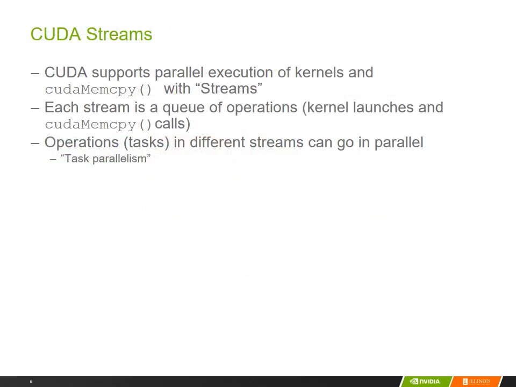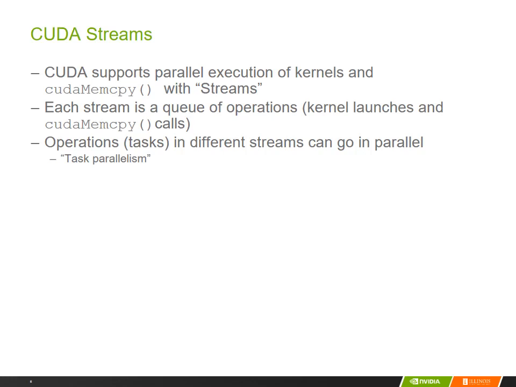The way that we can accomplish this ideal timing is to use CUDA streams. CUDA supports parallel execution of kernels and various API calls such as cudaMemcpy with streams. Each stream is a queue of operations.